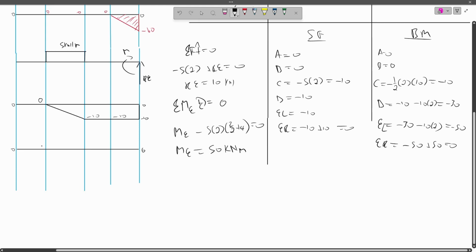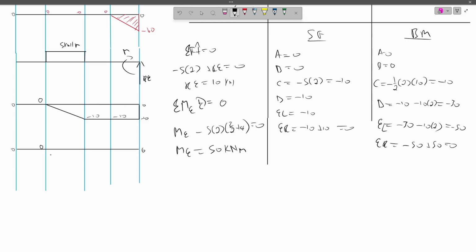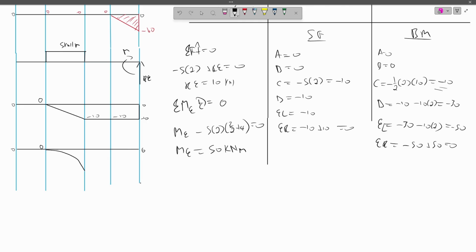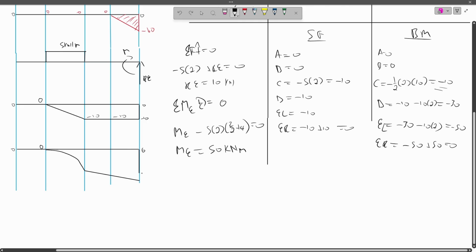Okay, and then we have our 0 here. Then B to C with minus 10 at C, and this is UDL, so it's going to curve something like that, and then with 30 at D and 50 at E, something like this, and then back to 0.